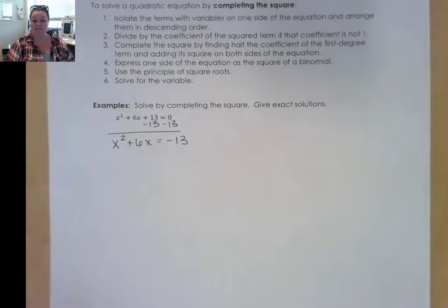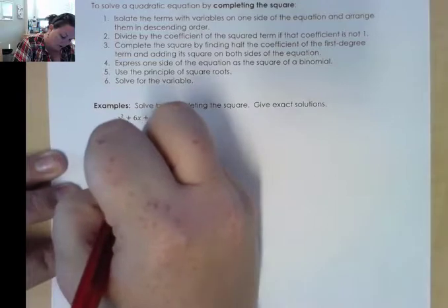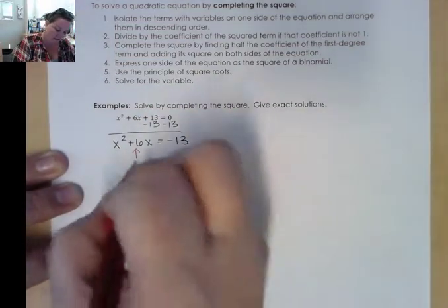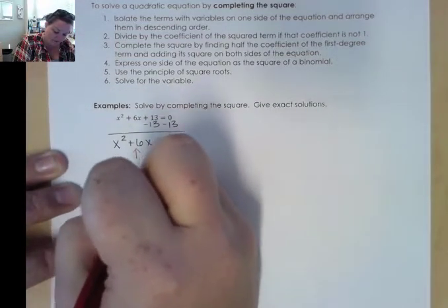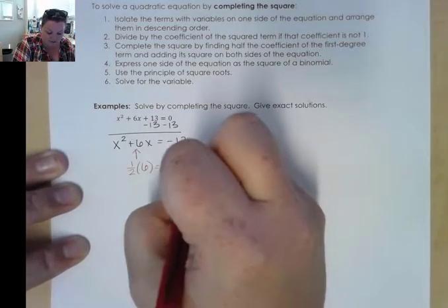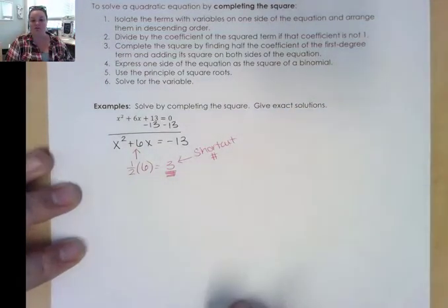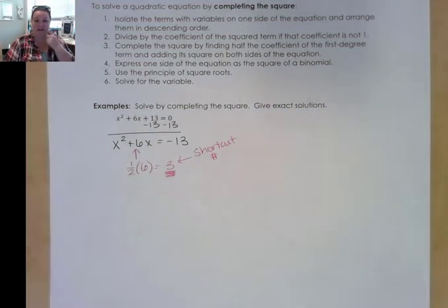So now that our leading coefficient is 1, we can go ahead and start the completing the square process. When we complete the square, we're going to take half of the x term coefficient. So our coefficient here is a positive 6. If I take half of positive 6, that gives me 3. And I'm going to go ahead and tell you there is a shortcut we can use with this number, and I'll show you what that is at the end of the problem.